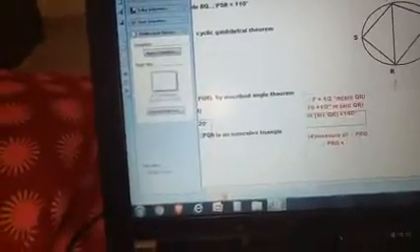We have to find the measure of angle PRQ, and we have already found it.